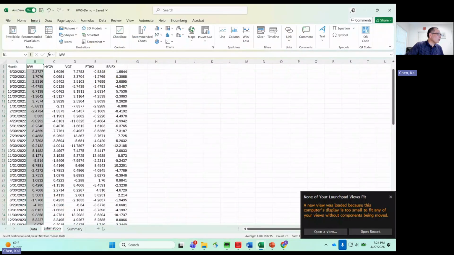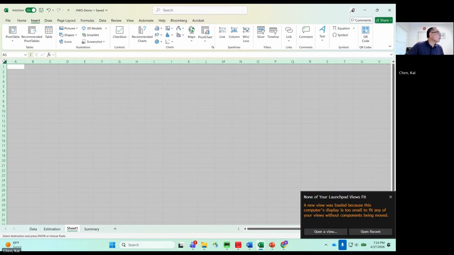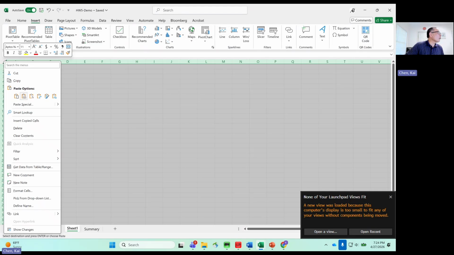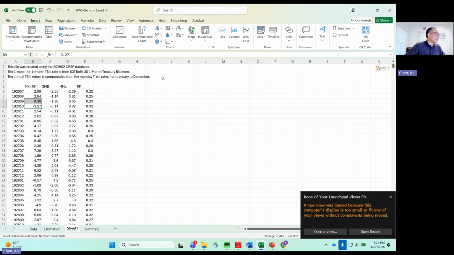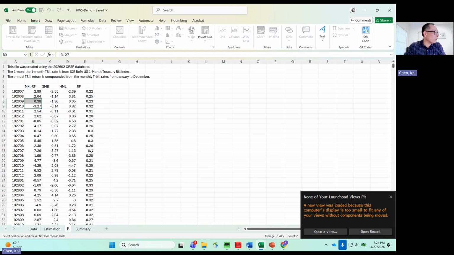Here, I'm going to have one more sheet, and save. Now I name this sheet FF 3 factors.